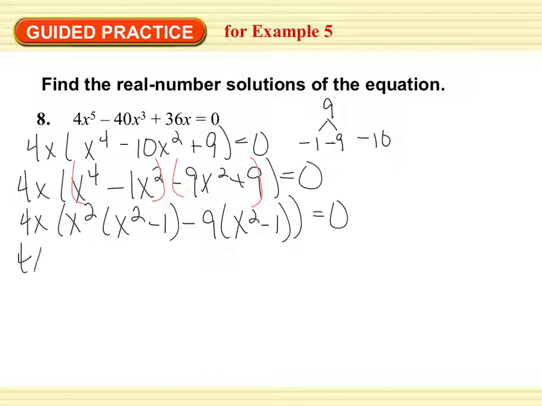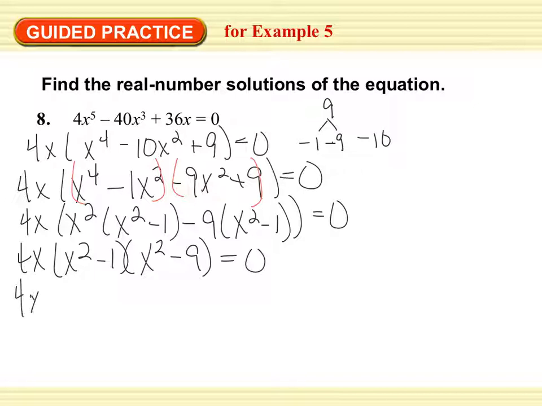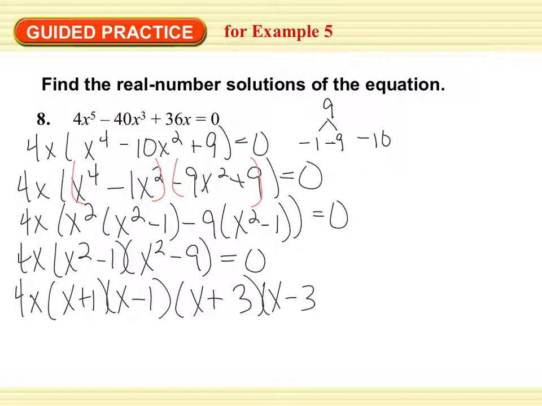Keep going. X squared minus 1 and x squared minus 9. I have the difference of two squares twice, the difference of perfect squares twice. So this first binomial factors to x plus 1, x minus 1, x plus 3, x minus 3, and I have 5 solutions.